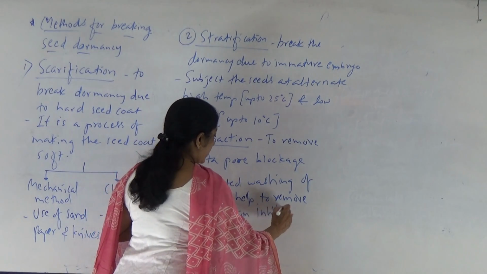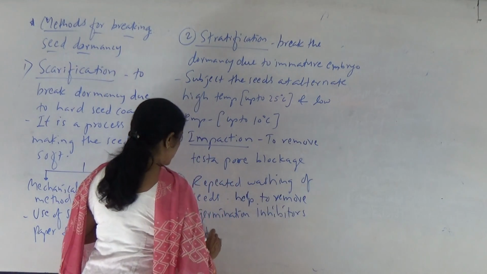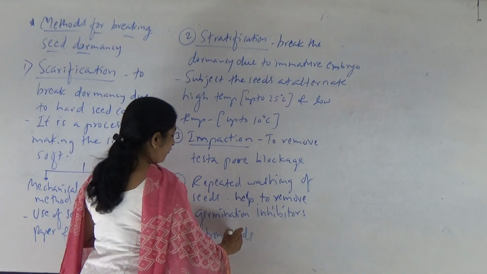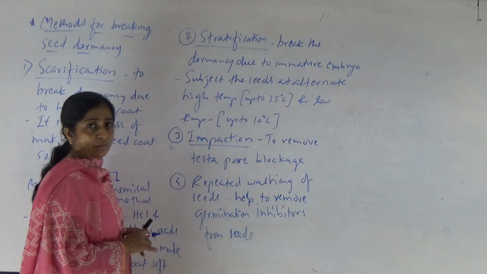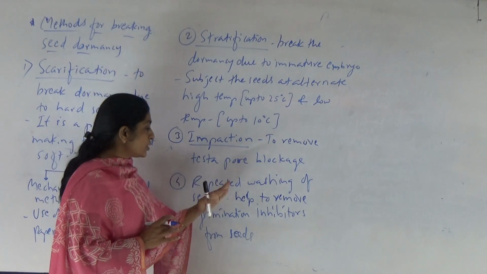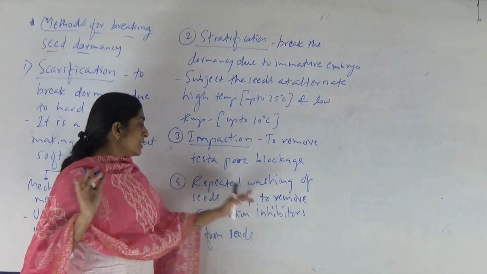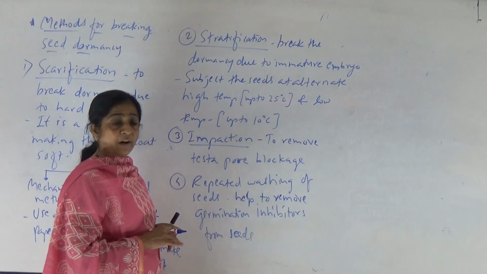This is one of the very common methods used to remove the germination inhibitors, and once these chemicals are removed from the seed, seeds are able to germinate.